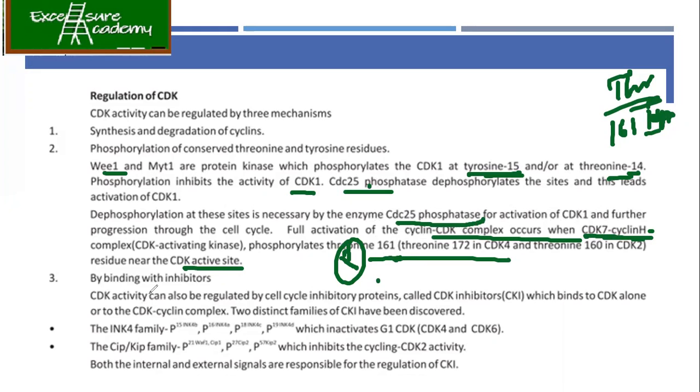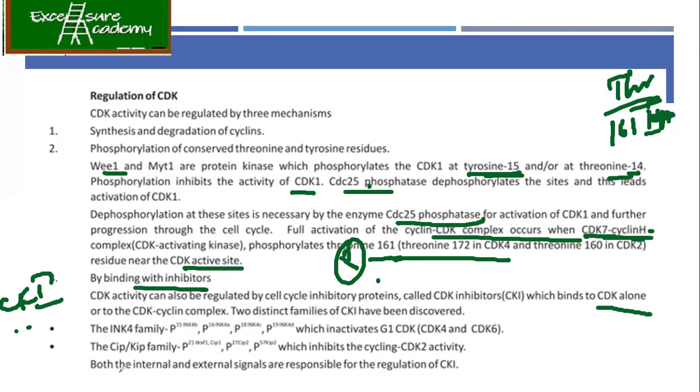Okay, the other method is by binding with the inhibitor, that is CKI, cyclin dependent kinase inhibitors. CDK activity can also be regulated by cell cycle inhibitory proteins, that is CDK inhibitors, which bind to CDK alone or to the complex of CDK and cyclin.